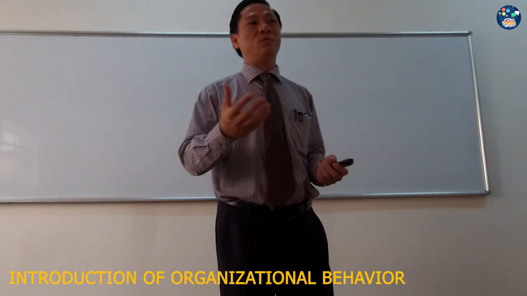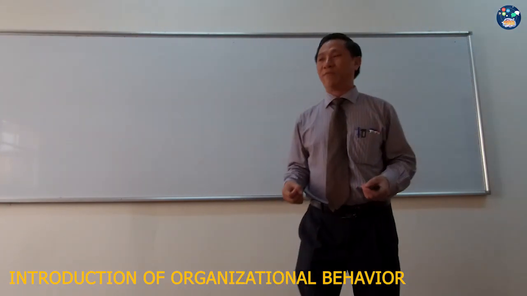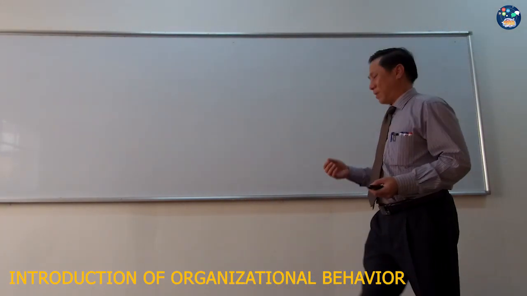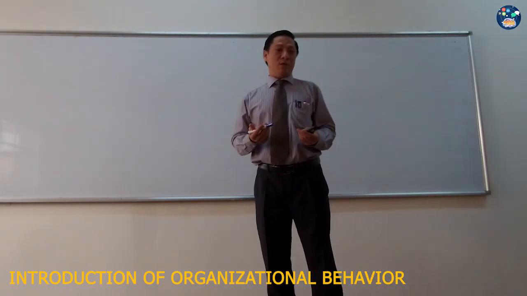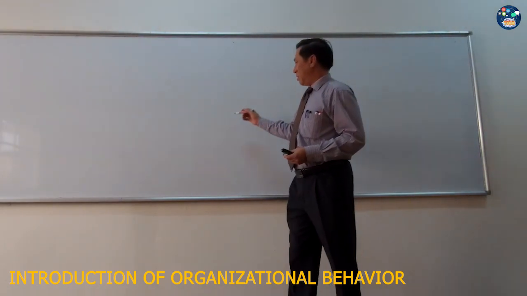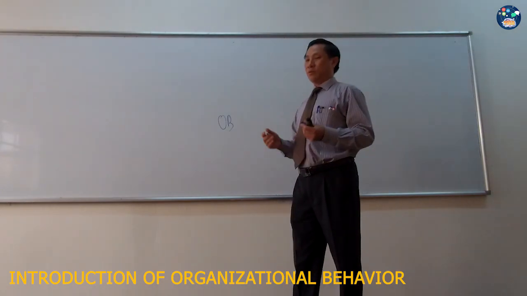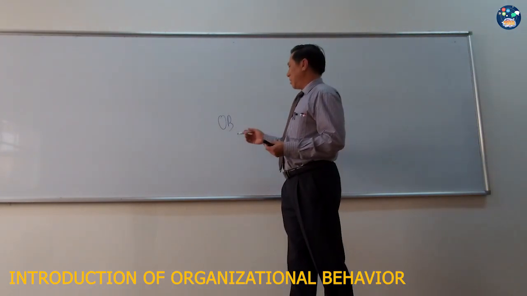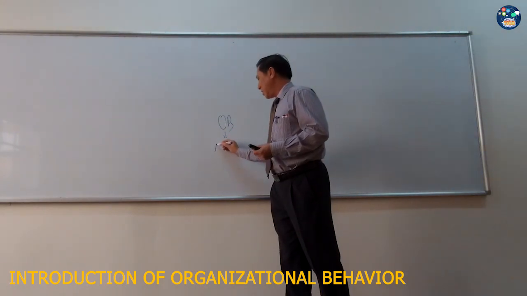I don't want you to study or learn by heart any definition of any author. So we should go like this. What is OB? You should answer the question: OB is a study.